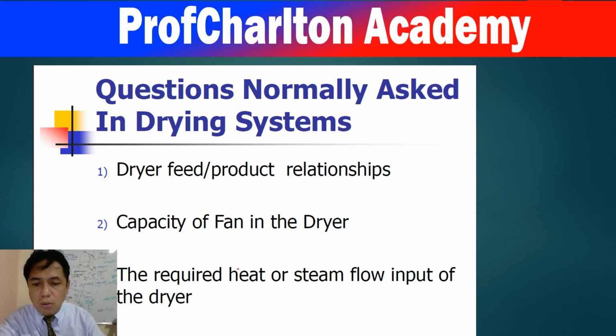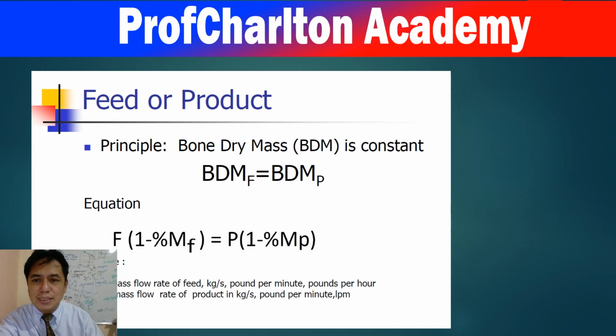Then the required heat or steam flow input of the dryer: what amount of heat is required to dry a material at this relative humidity or this percent moisture. That amount of heat is always asked in the board exam, because this is the review or practice in the board exam.